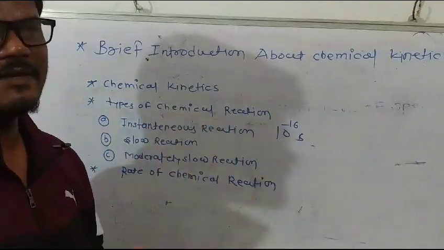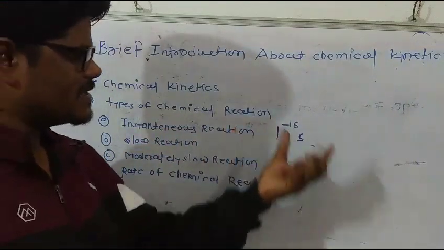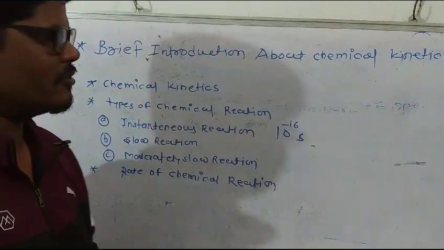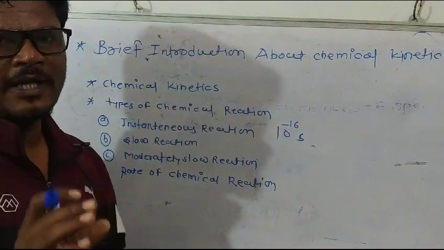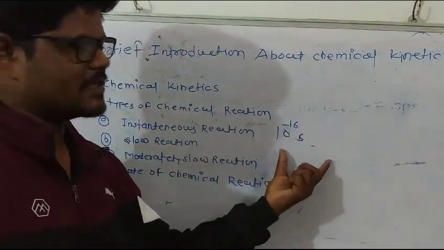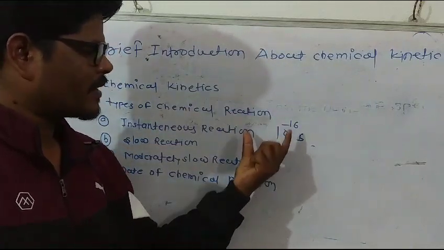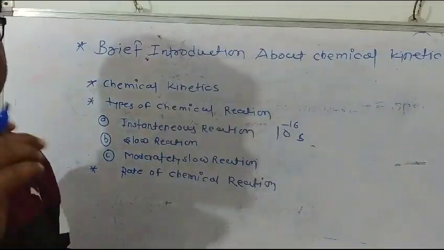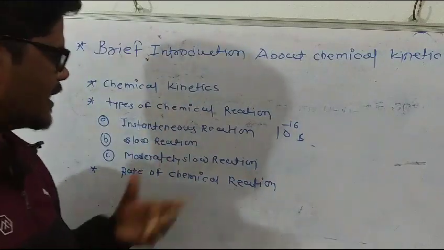An example of an instantaneous reaction is mostly the type where ionic reactions take place. All types of ionic reactions fall under the category of instantaneous reaction, which occurs in less than 10 to the power of minus 16 second.